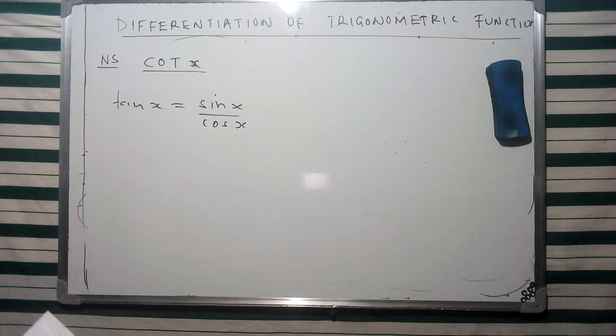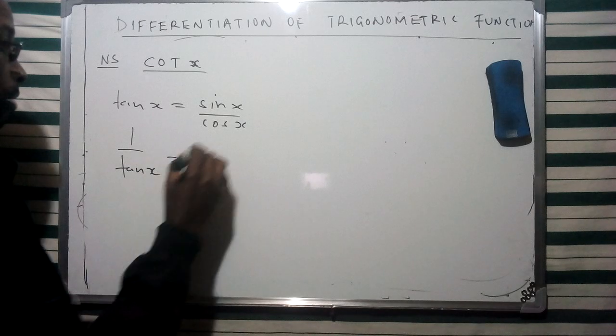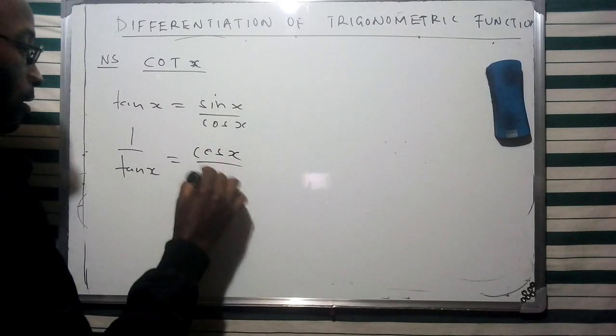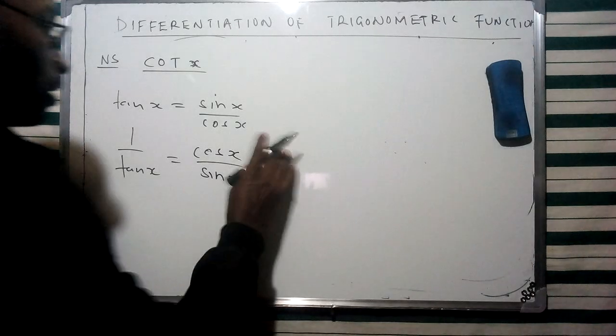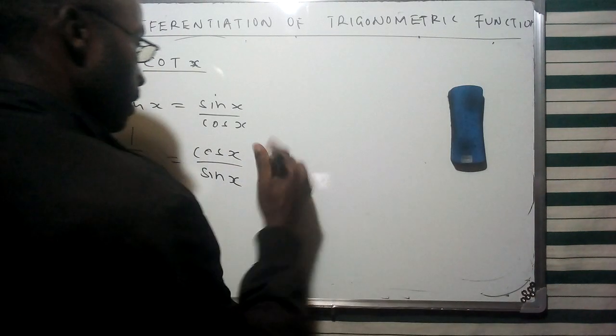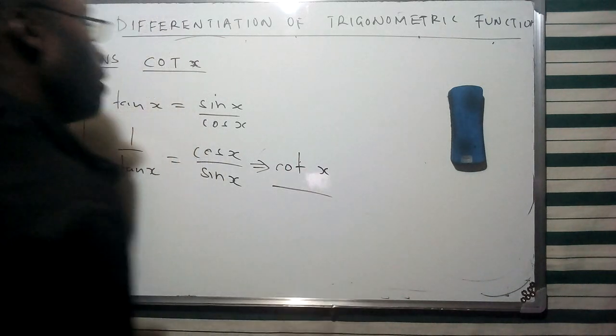So therefore we are going to have the inverse of the tan of x given in terms of the cosine of x all over the sine of x, and this basically defines the cot function.